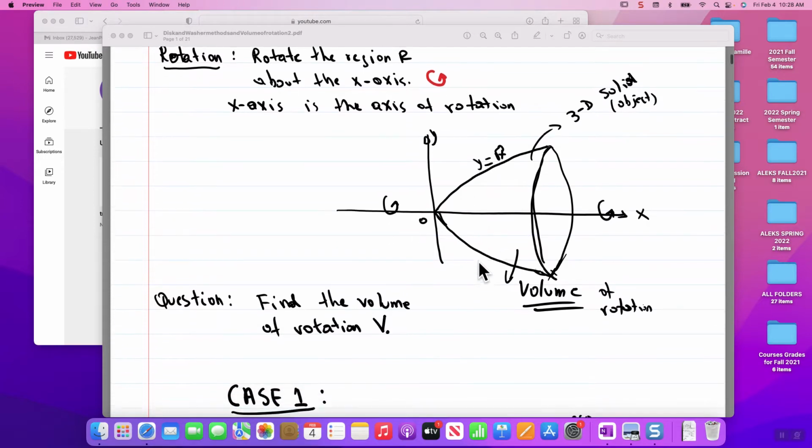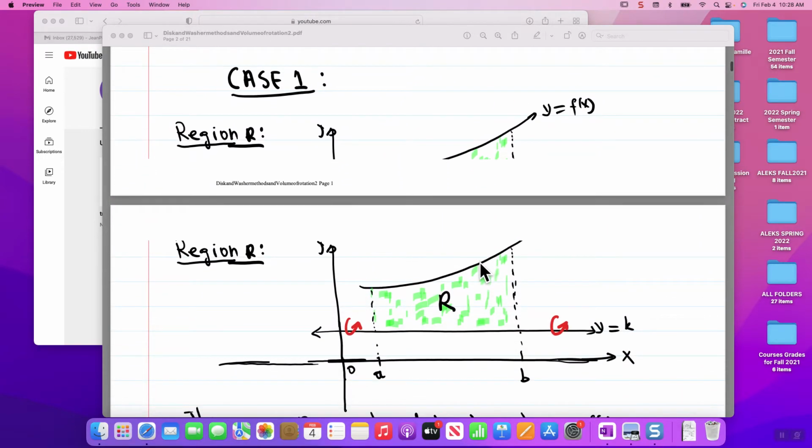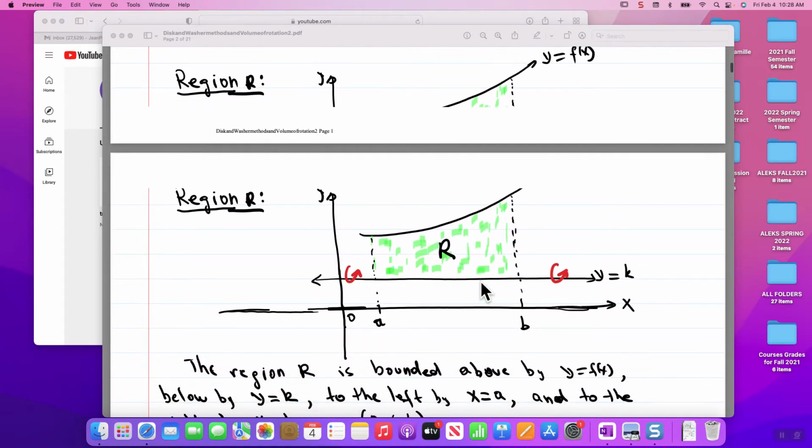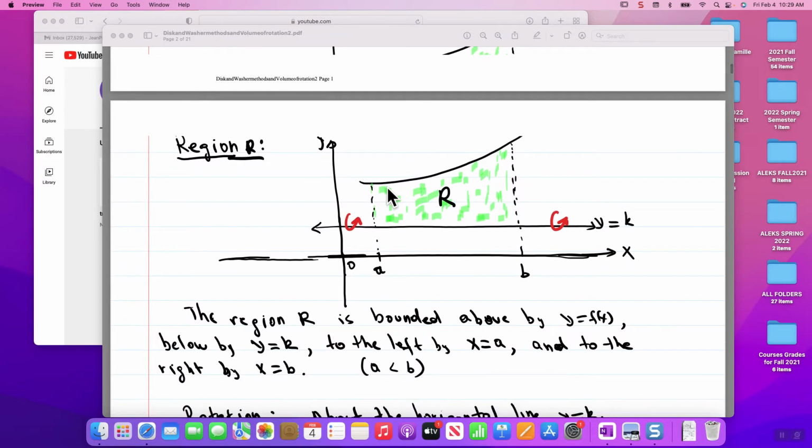Now, let's go to the concept. Case 1. They give us the region R, which is described as such.